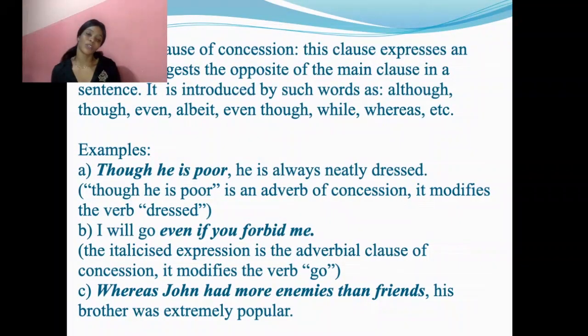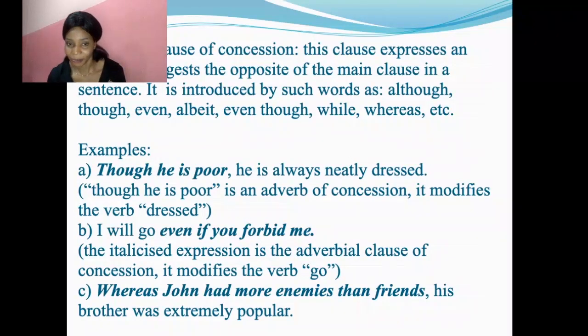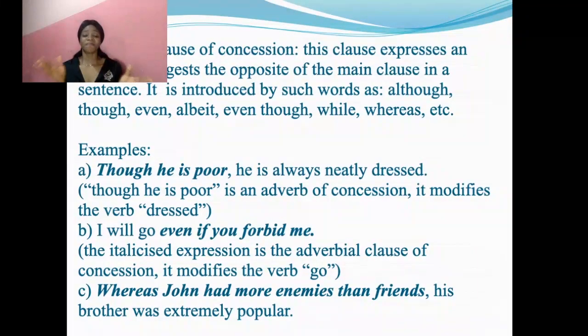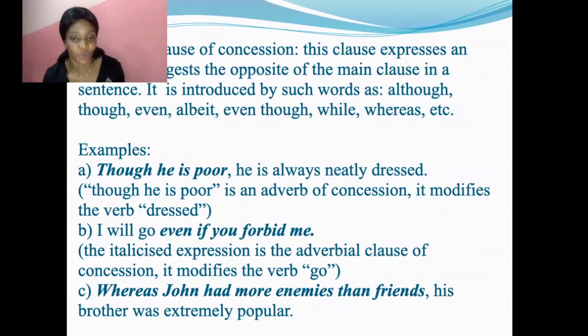Let's look at some of the examples we have here. Example A says, though he is poor, he is always neatly dressed. Though he is poor, he is always what? Neatly dressed. Now, if you look at that sentence, you would discover that poor people most times look tattered. But despite the fact that this man is poor, he is always neatly dressed. Do you understand? Because there is a wide assumption that people that dress neatly are people that are wealthy to an extent or are comfortable.